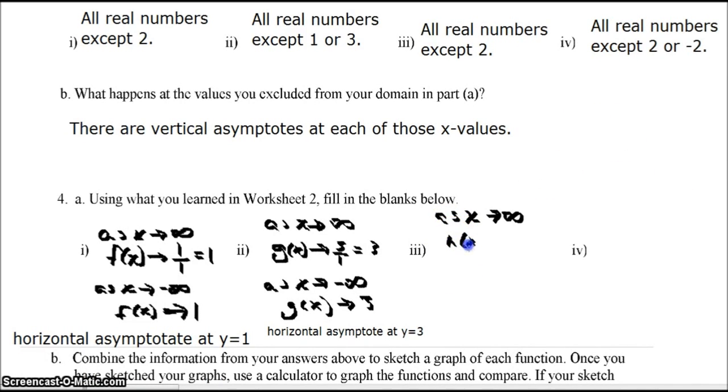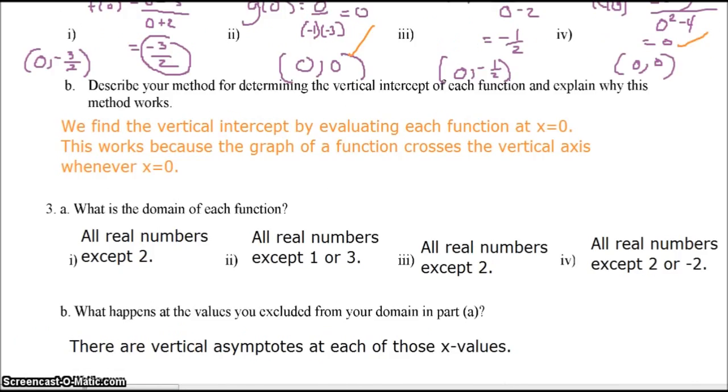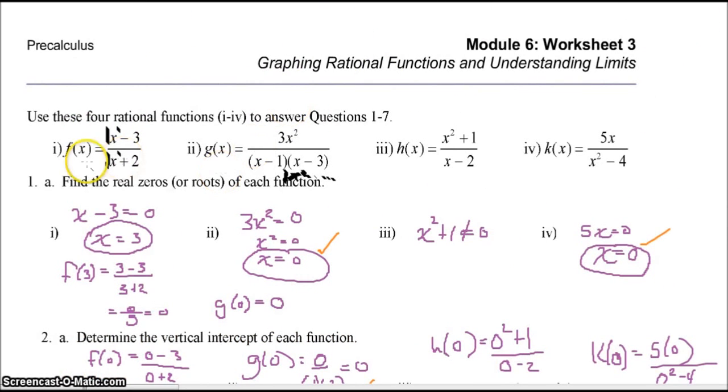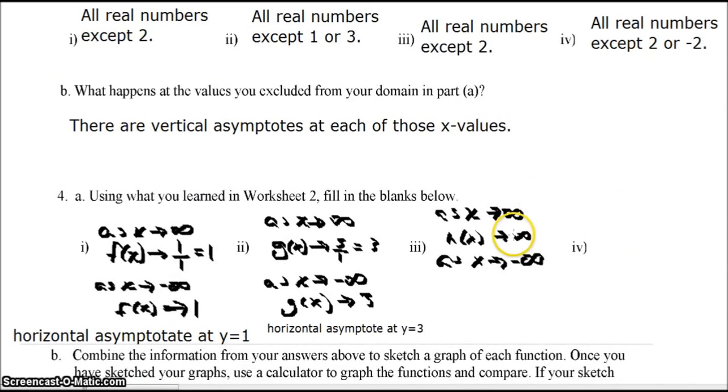H of x goes to infinity, and as x goes to negative infinity, let's see, the numerator will be positive and the denominator will be negative. So we're going to go to negative infinity in that case. Now if you go to infinity in both directions, there's no horizontal asymptote.